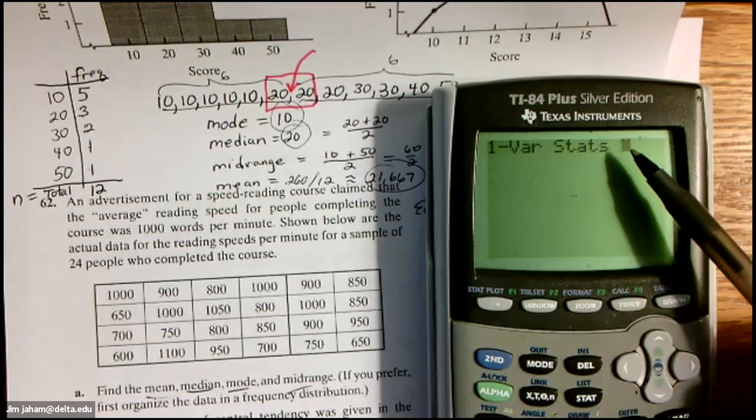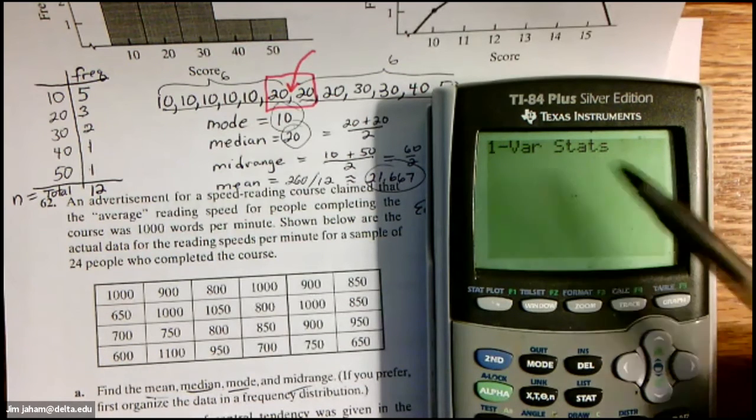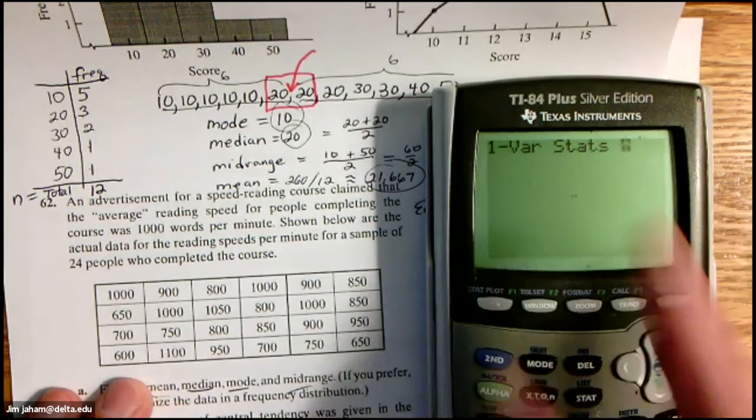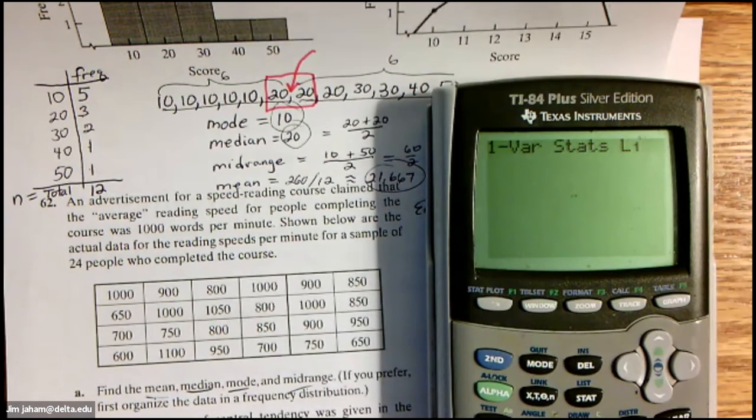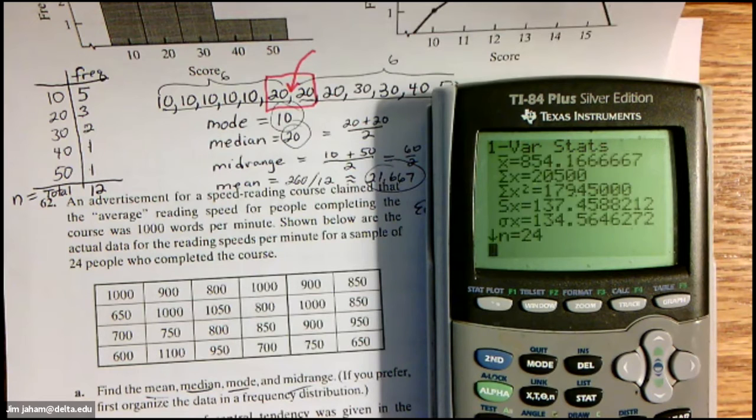You might have one that has a menu that comes up. So you want the X list, and the X list should be L1. And then the frequency list, just leave that blank because you're not going to be using a frequency list. These are just data values that appear a single time. And that's it. And then you paste this in here, and this is what you get.